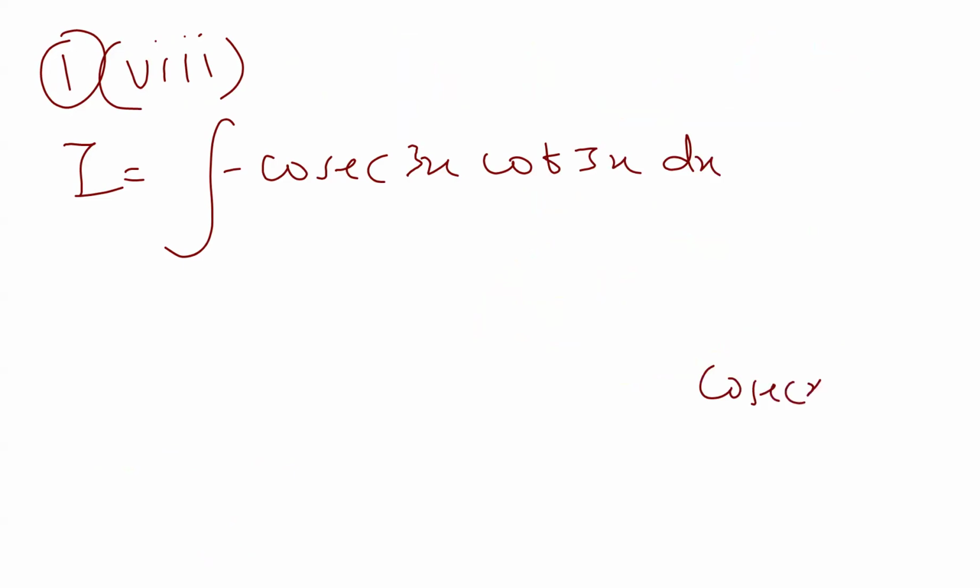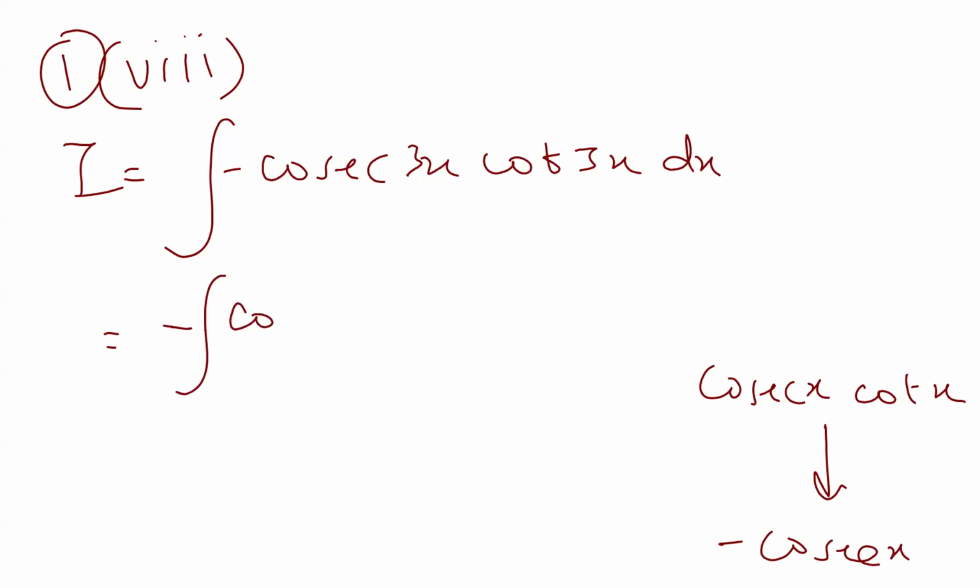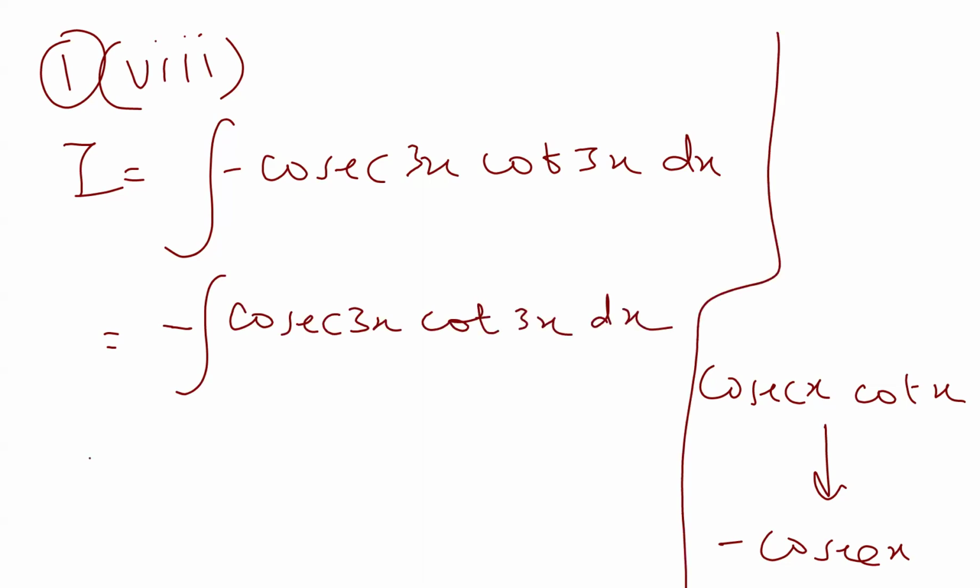Now we have the integration of cosec x cot x, which is minus cosec x. First of all, I'll take this minus sign outside. There is a minus sign already in the problem. So cosec x cot x gives cosec x.